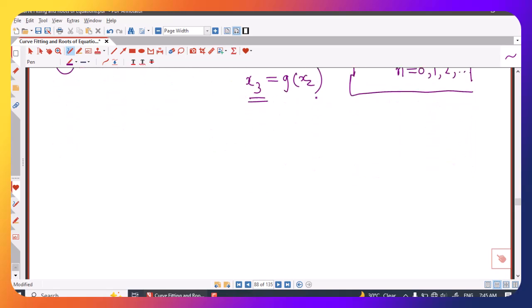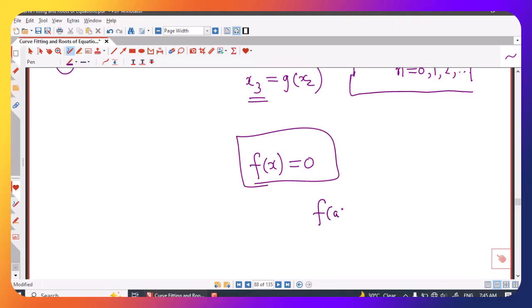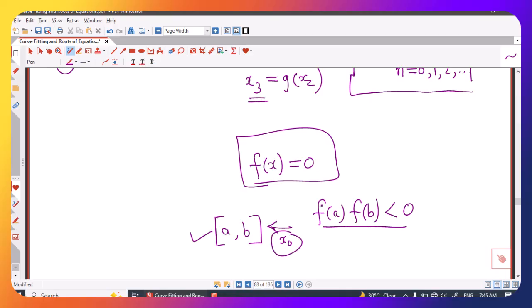So there is no general method for selecting that interval, but as we did in previous methods, we can find two values a and b for which the function is of opposite signs, and we can consider that interval as the interval containing the root, and we will select our initial guess in this interval, and because of this the exact root will always lie in this interval.